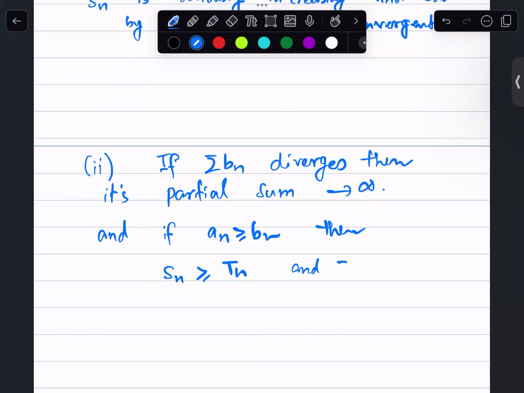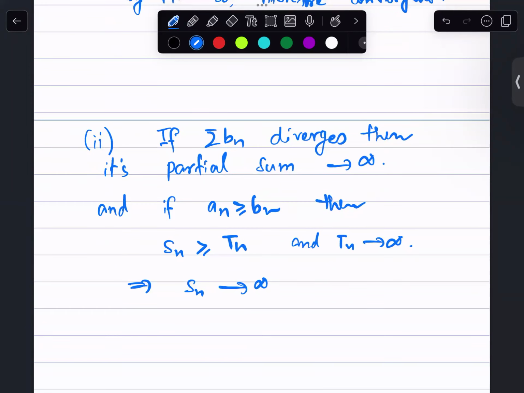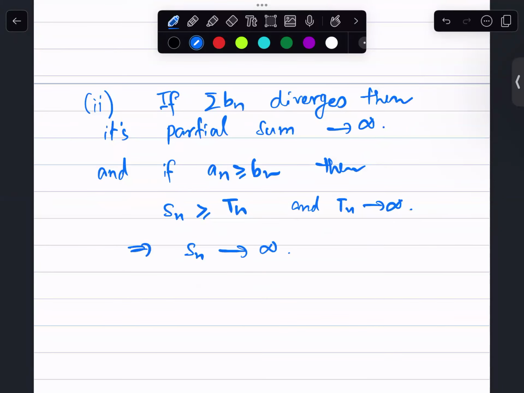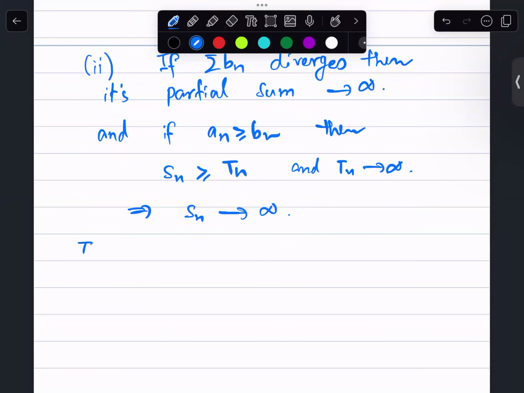This implies simply Sn also tends to infinity, right? Because Tn is going to infinity and Sn is bigger than Tn. So therefore my Sn should also go to infinity. And therefore summation an also diverges.